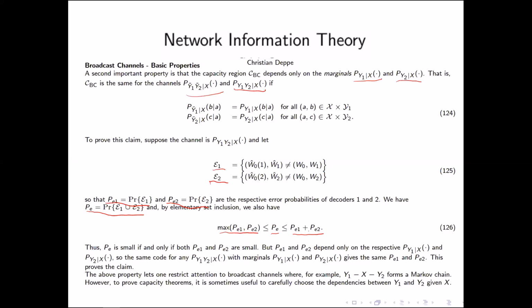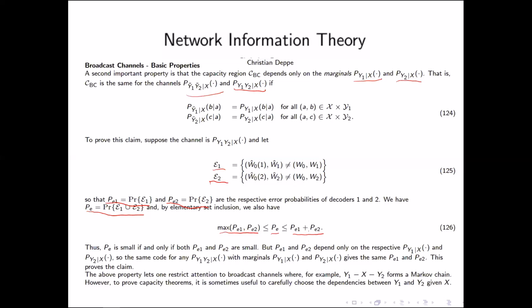But now if you look at this inequality, we see PE is small if and only if PE1 and PE2 are small. But PE1 and PE2 only depend on the marginal channels from X to Y1 and from X to Y2. The same holds for any other channel. So if we have a channel with the same marginal error probabilities, then we get the same broadcast channel.